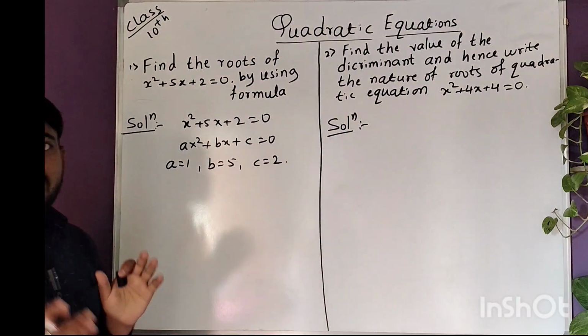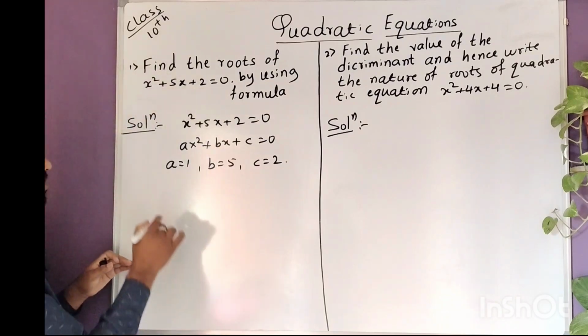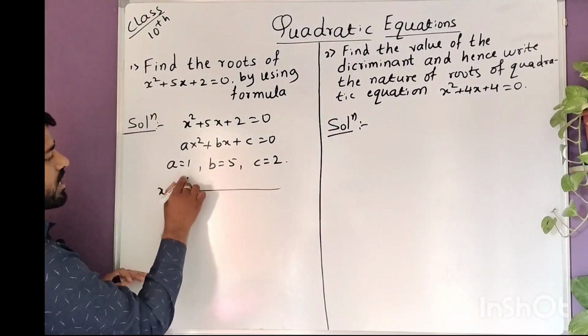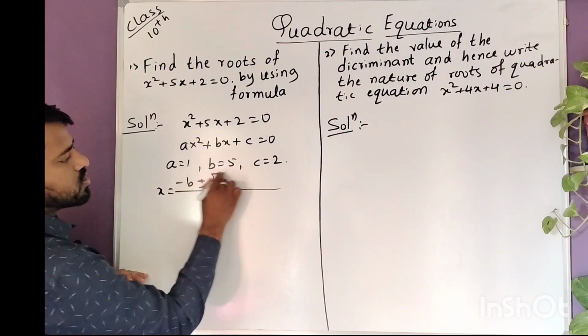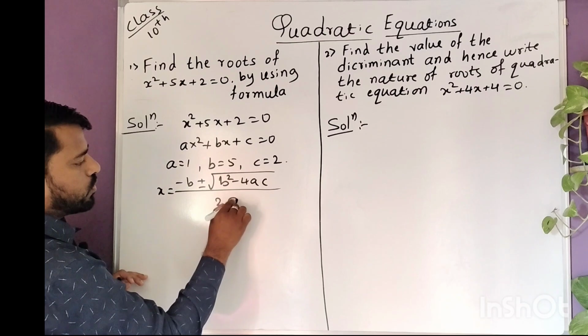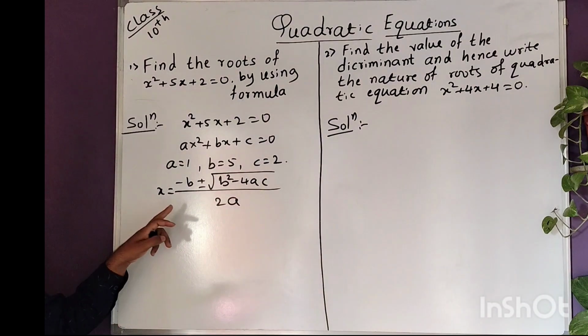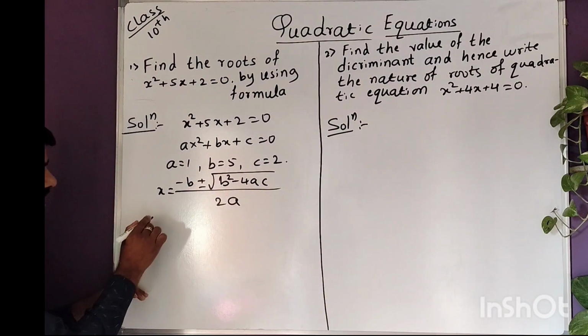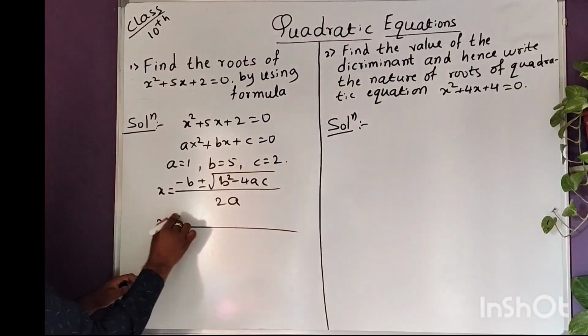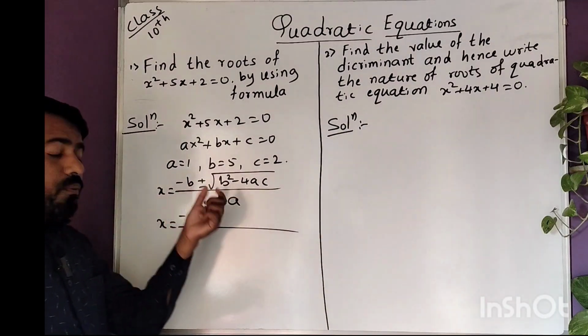Now you write the quadratic formula. Our quadratic formula is x is equal to minus b plus or minus square root of b square minus 4ac, divided by 2a. Dear students, you get half marks for writing this, and another half marks for substituting the values of the variables.